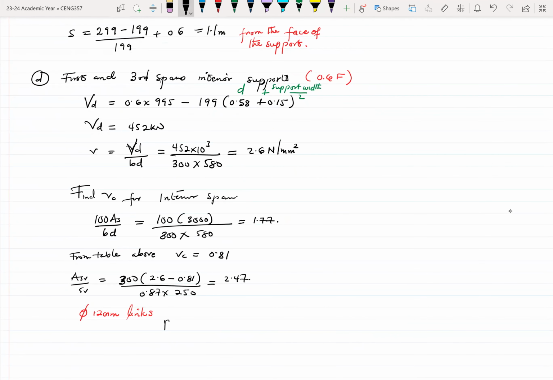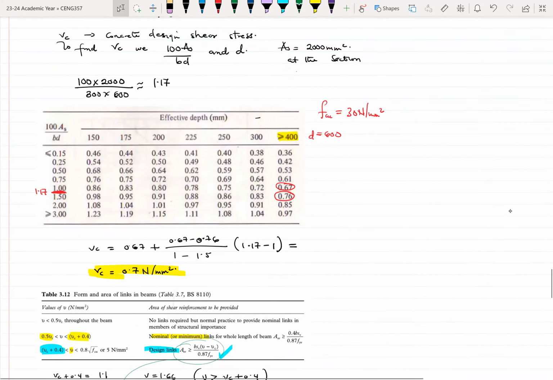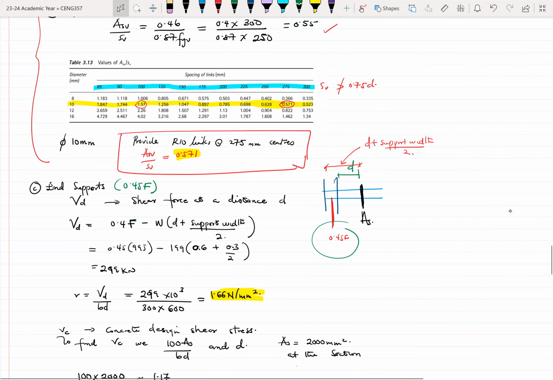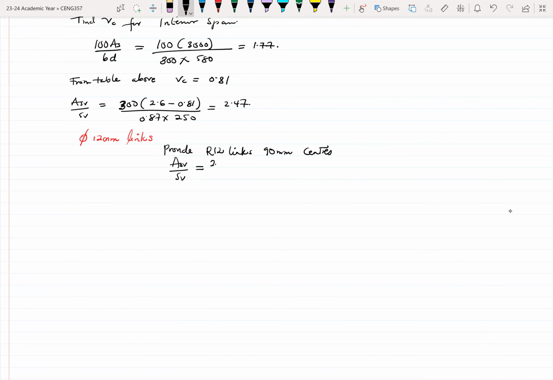So it means that we provide R12 links at 90 millimeters centers. So our ASV over SV will be 2.511.